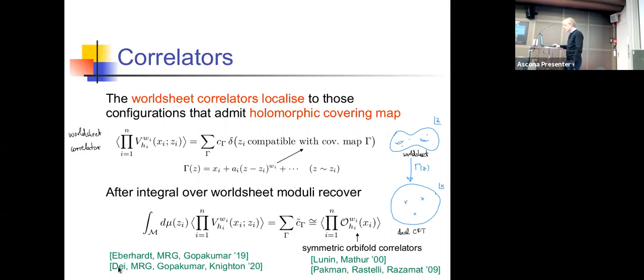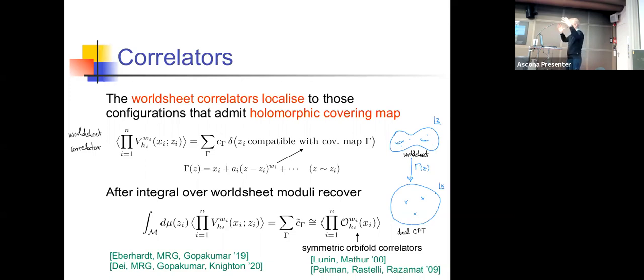And this is something which we in fact could prove, that is, worldsheet correlation functions, quite unlike for a normal CFT correlator, are in fact mostly zero. They're not rational functions. They are proportional to delta functions. And the delta functions select out the z_i on the covering surface in such a way that this is compatible with this holomorphic covering map. The existence of the holomorphic covering map is a very strong constraint.